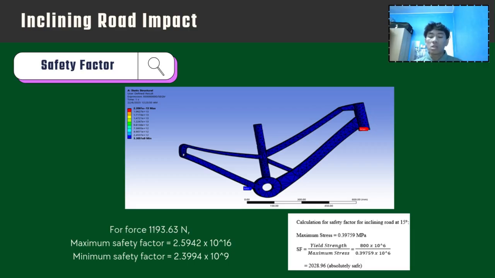So the result for the formula is 2028.96. As you can see, the figure shows the blue color of the bike frame. So the inclining road impact for 15 degrees is safe.